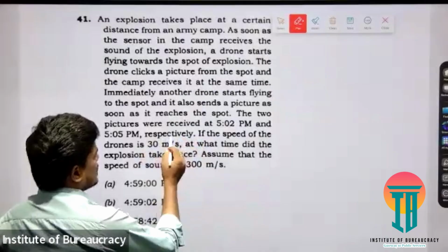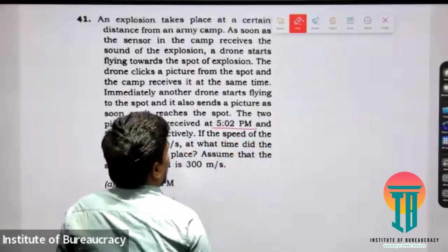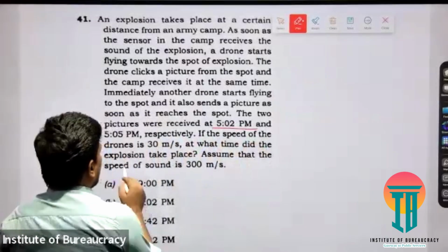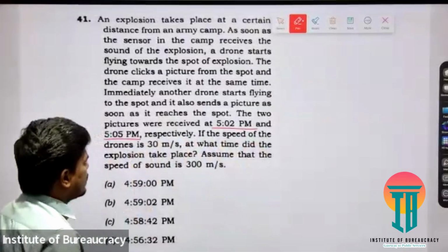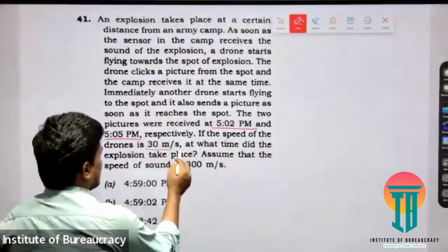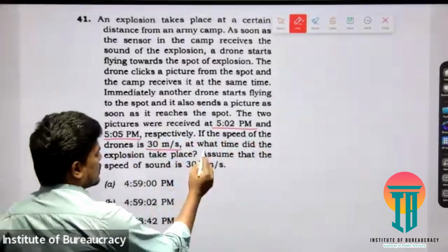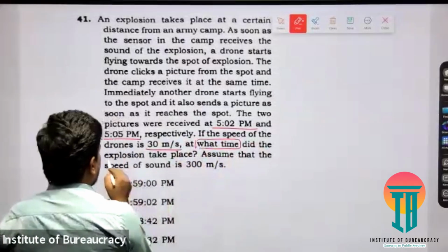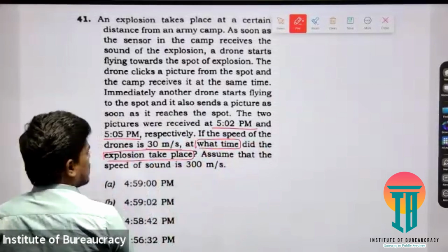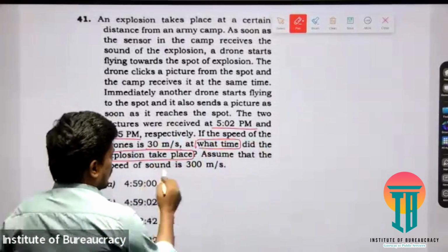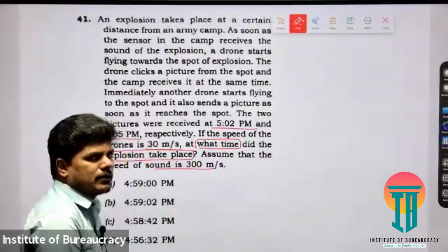The two pictures were received at 5:02 p.m. and 5:05 p.m. respectively. If the speed of the drone is 30 meter per second, at what time did the explosion take place? Assume that the speed of the sound is 300 meter per second.